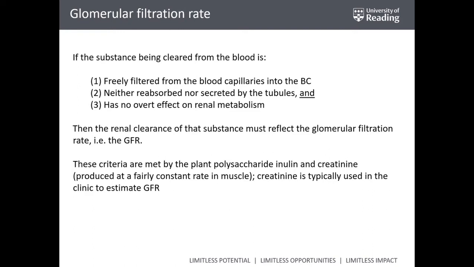So, for example, a substance that has these features is a polysaccharide, such as inulin, or creatinine, which is produced fairly constantly in the muscles. And creatinine, in fact, the ratio between creatinine in the urine and creatinine in the plasma, is typically used as a clinical estimate of the glomerular filtration rate.